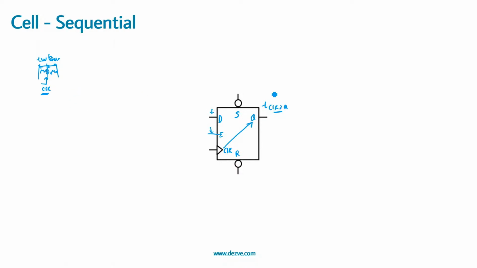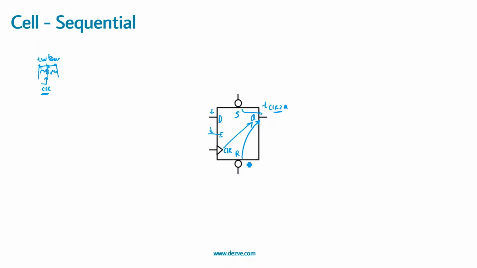Now coming back to the asynchronous pins like set and reset. We know that asynchronous pins can cause the output to change combinationally, correct? So this set will make the output go high, or this reset may change the output to go low, based on how this set and reset combinational path is formed, correct?